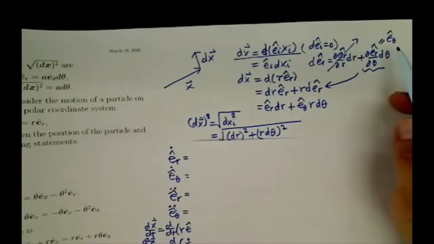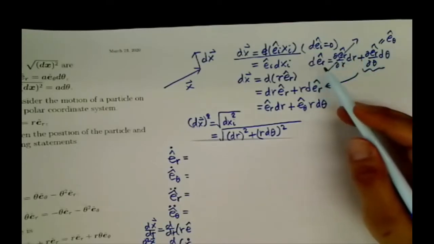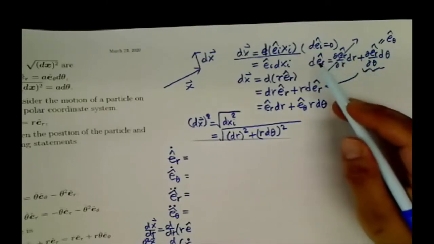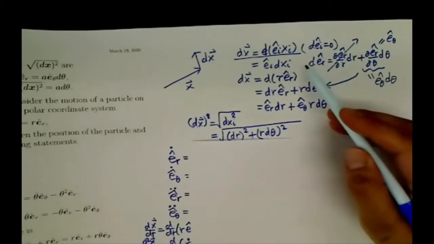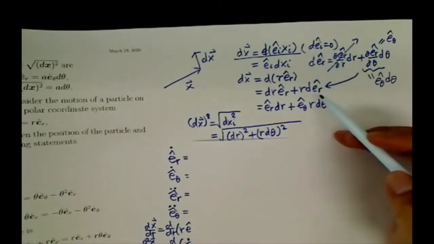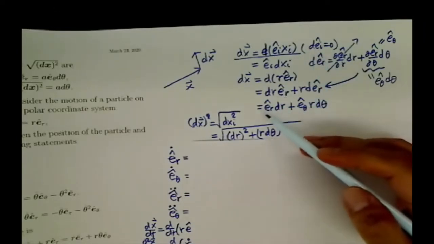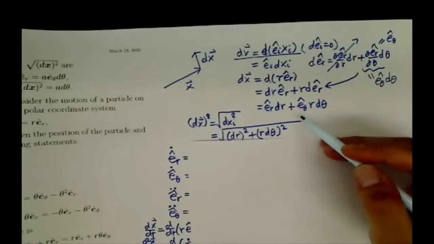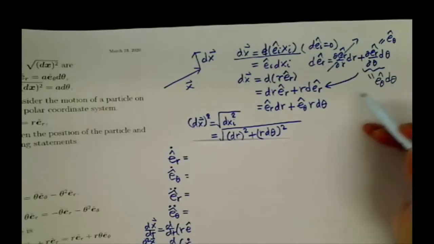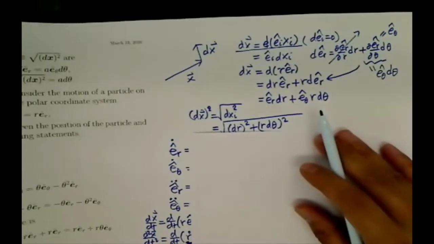If we substitute this result, this is e theta hat d theta, right? Substitute this result for this guy in here. Then er hat appears here with dr, and e theta hat and r d theta is written here.